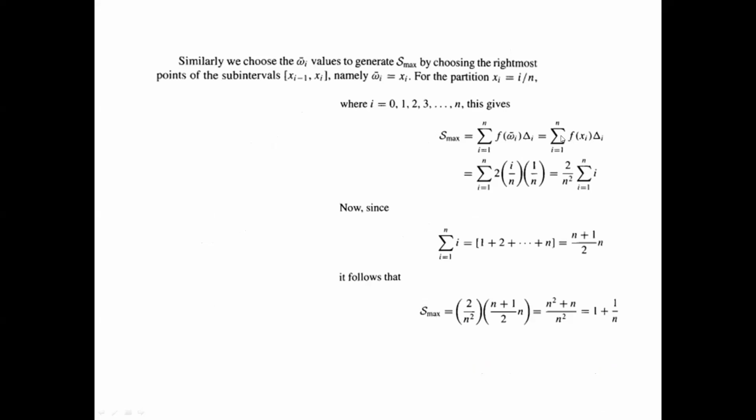We substitute xi for omega, and the functional value will be like this, 2i by n. So we bring out 2 by n square and we get summation of i. So 1 plus 2 plus up to n, which is n plus 1 by 2 n. So substituting this, we get n square plus n by n square, which is 1 plus 1 by n.